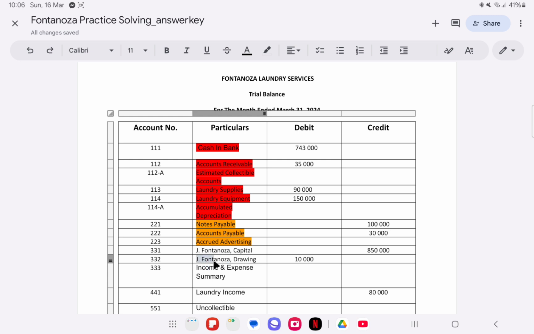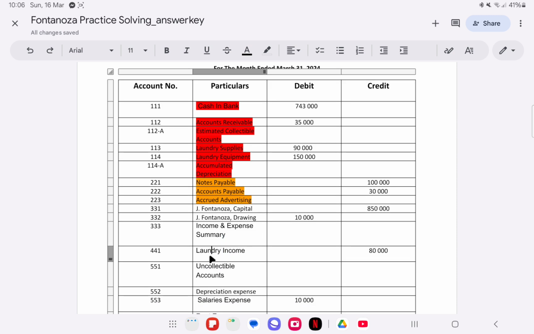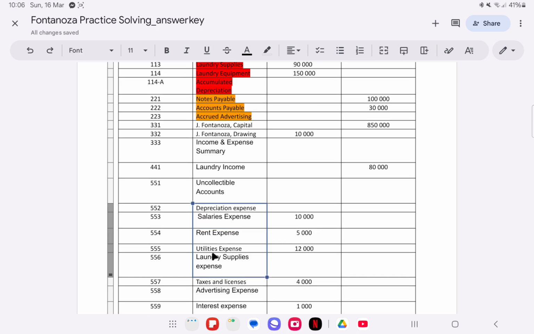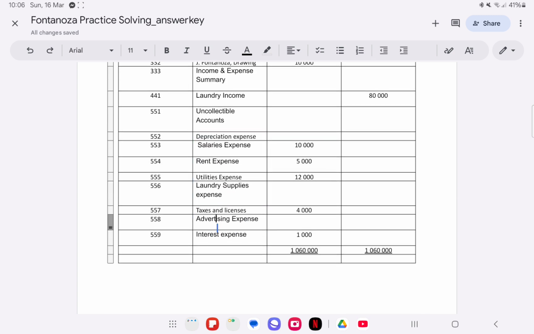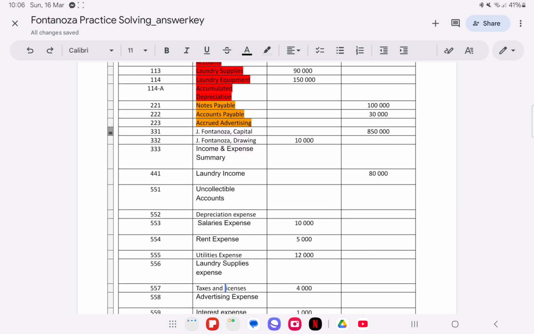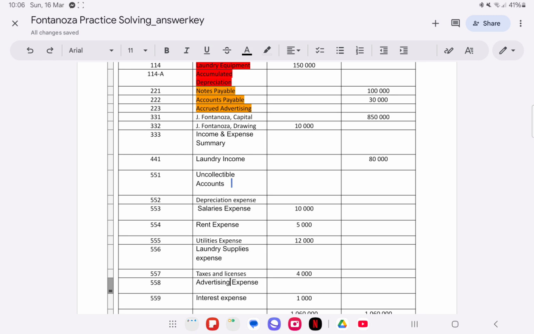J Fontanoza drawing is under owner's equity. Income and expense summary, laundry income, uncollectible accounts, this is under expenses, laundry income under income, and income and expense summary. And under the expenses, we have depreciation expense until interest expense. So this J Fontanoza's capital until expenses is under the owner's equity. Okay, so the capital, drawing, income, expenses.